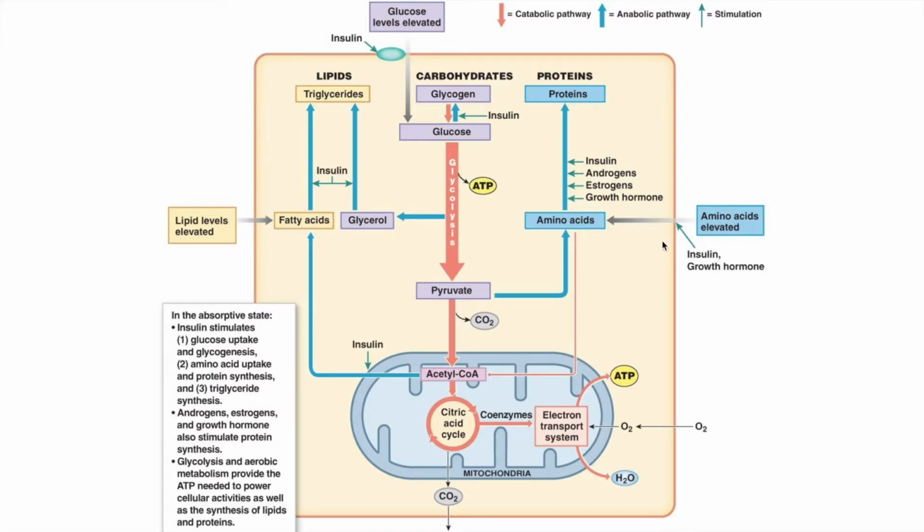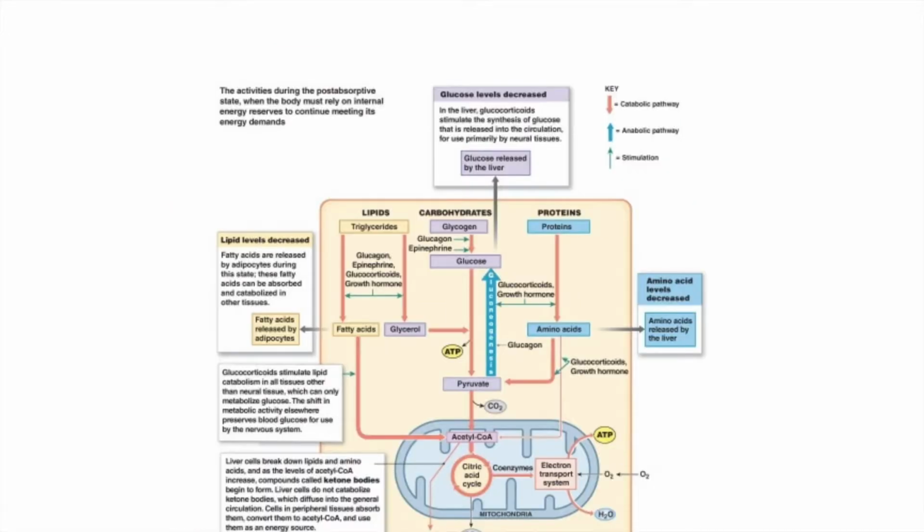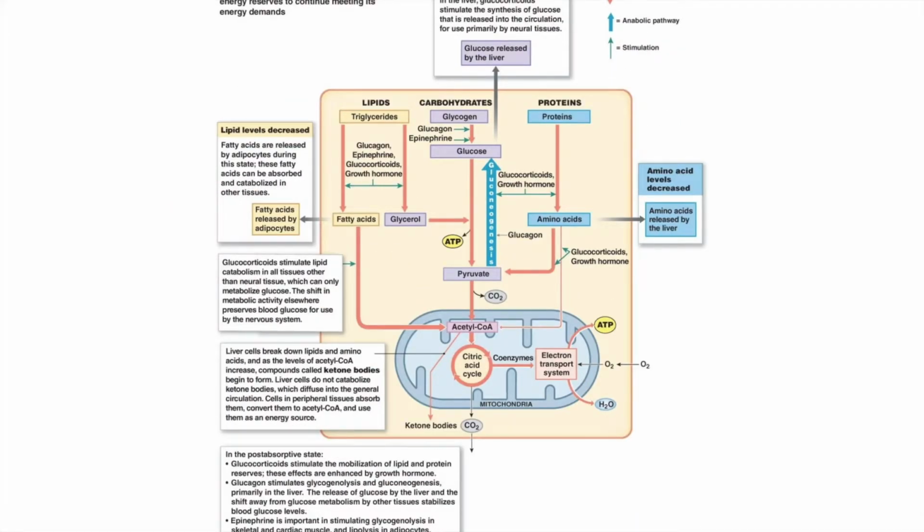So at this point we're building up our glycogen reserves, we're building up our triglyceride reserves, we're doing any growth. So at this point the anabolic pathways are predominant in the absorptive state, and then if it's been a while since you've eaten, you're in the post-absorptive state. And in this case the catabolic pathways are predominant, so we're breaking things down to get energy.